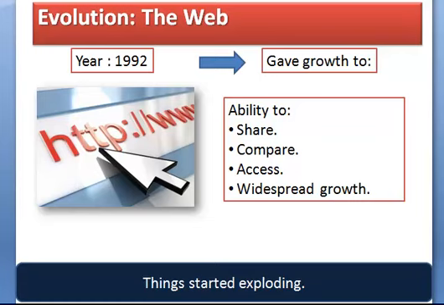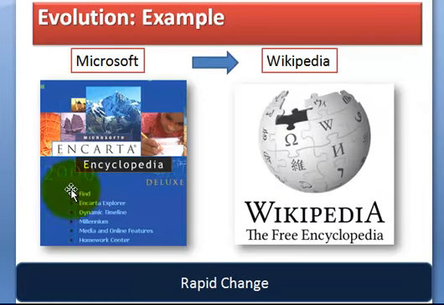So just to give you an example of how it changed things, I do this in my other classes. We talk about Microsoft was going to revolutionize the encyclopedia industry in the 1990s or so. With Encarta, they had their whole research team. Everybody put this stuff together, invested millions and millions of dollars into Encarta, which was going to be the next great encyclopedia.